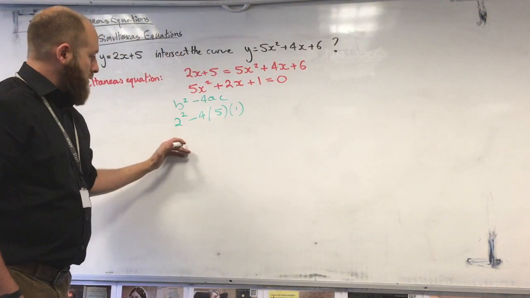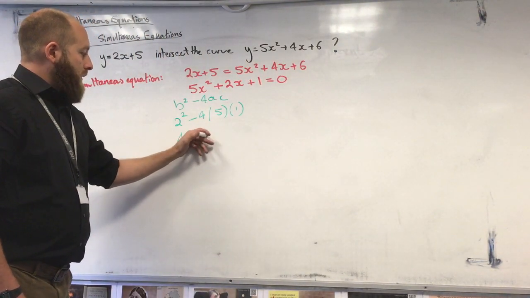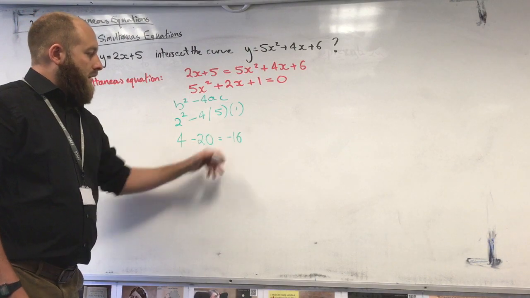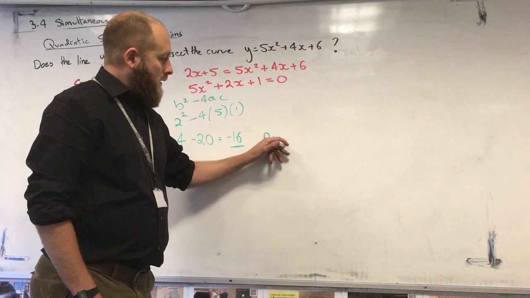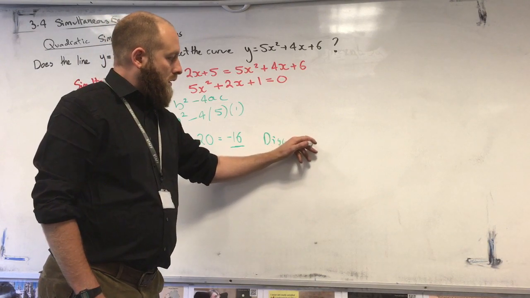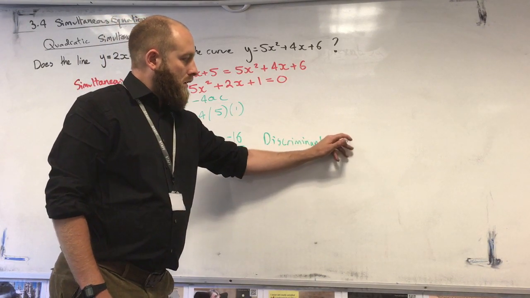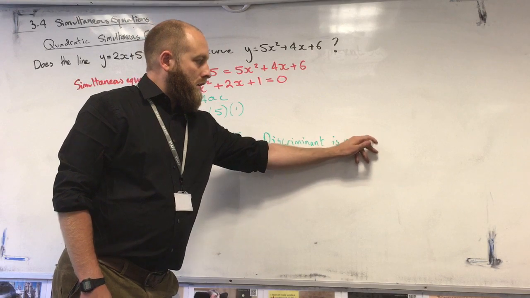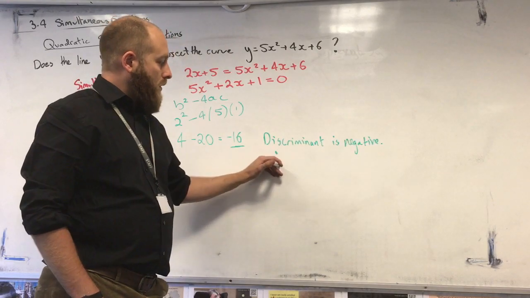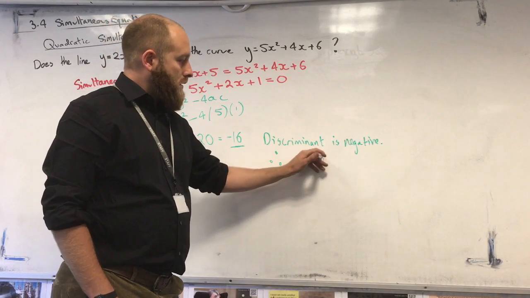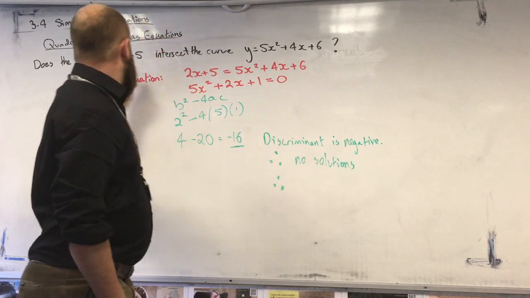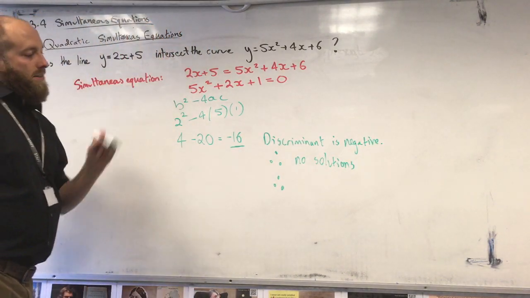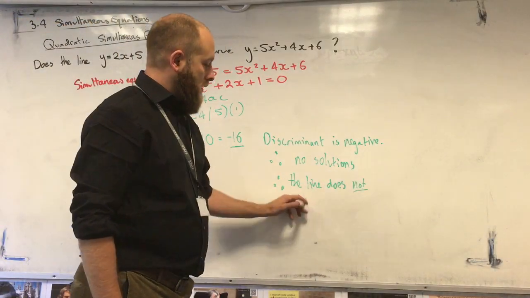So here's our discriminant. We get 4 minus 20, which is minus 16. Because the discriminant is negative, there are no solutions, therefore no, the line does not intersect the curve.